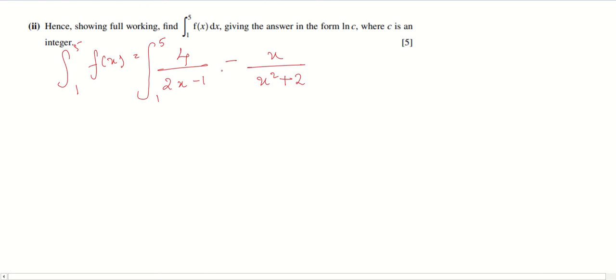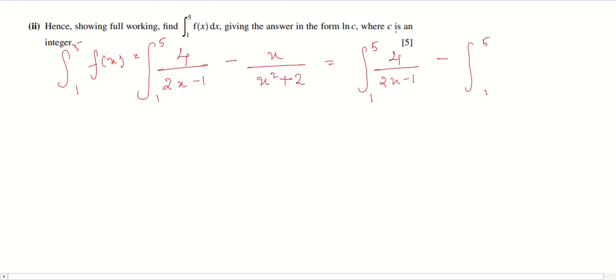There are two fractions here, so we can split the integral: the integral of 4 divided by 2x minus 1, minus the integral of x divided by x squared plus 2, both with limits 5 and 1.